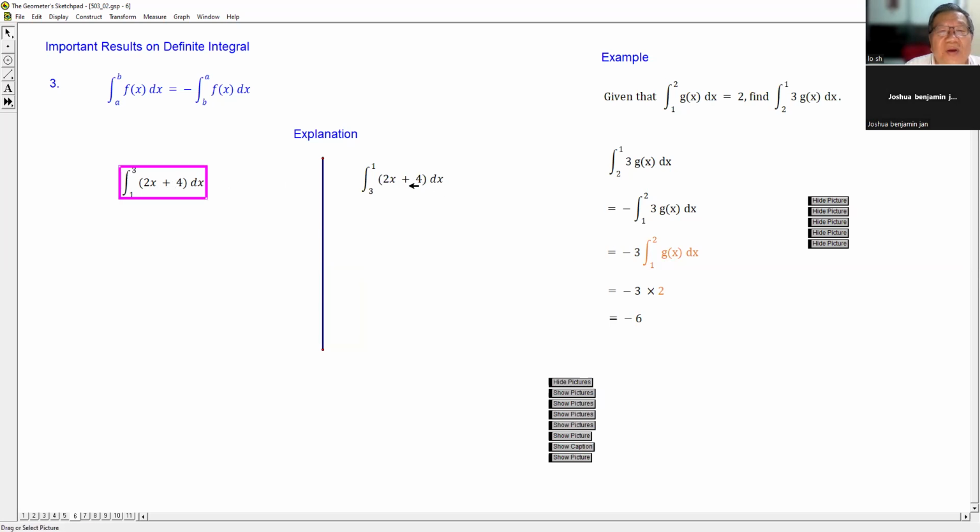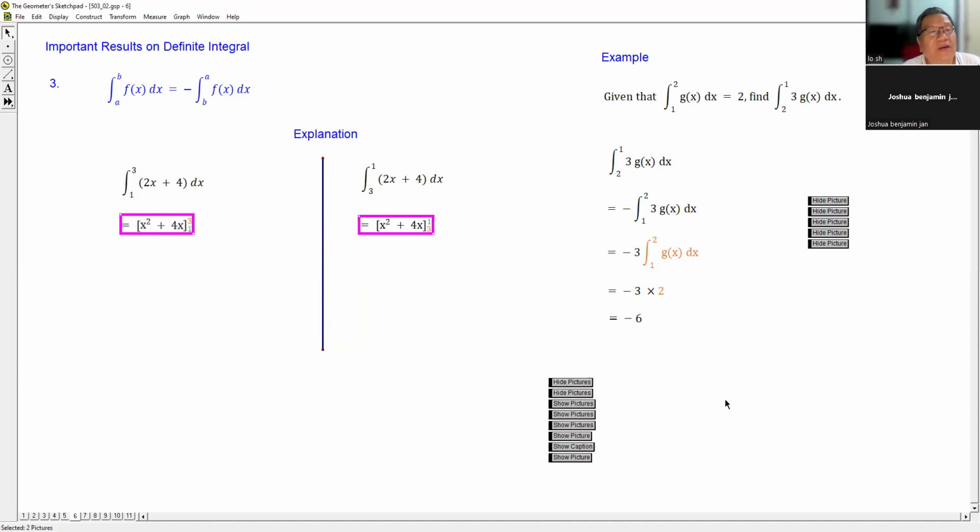They are the same: 2x plus 4 and 2x plus 4. What is different is the limit. This one, the upper limit is 3 and the lower limit is 1. This one, the upper limit is 1 and the lower limit is 3.